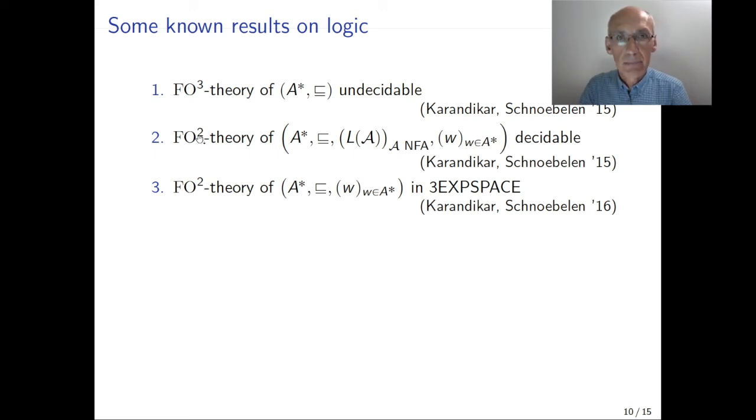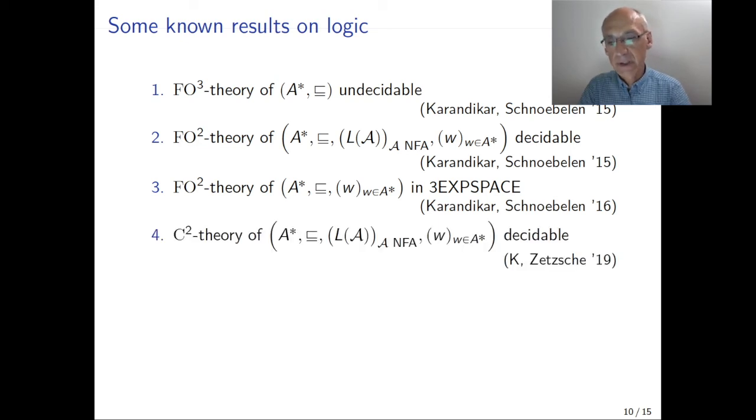I already mentioned the paper by Georg Zetsche and myself from last year, and what we did there was we extended this result up here, the decidability, from the FO2 theory to the C2 theory. The C2 theory of the structure together with predicates and constants is decidable, and as in this case, our algorithm is non-elementary.